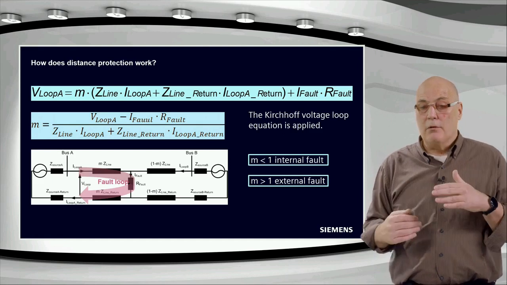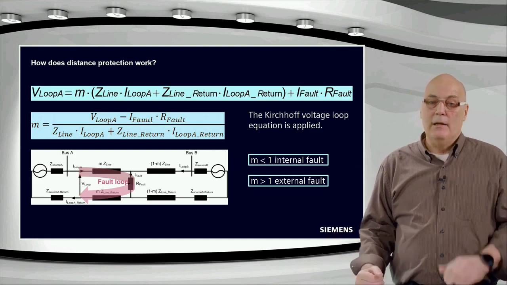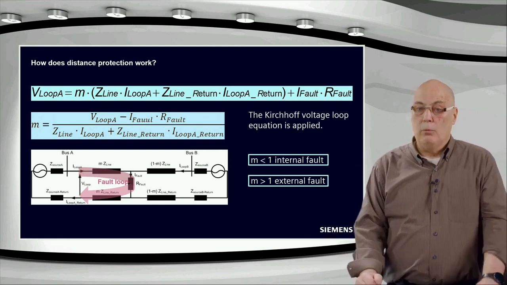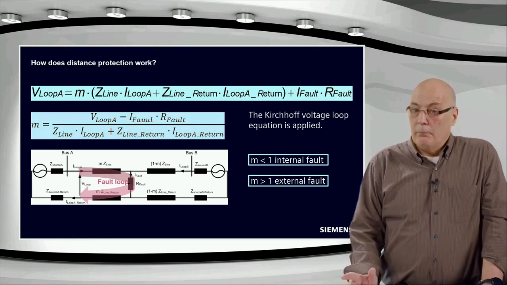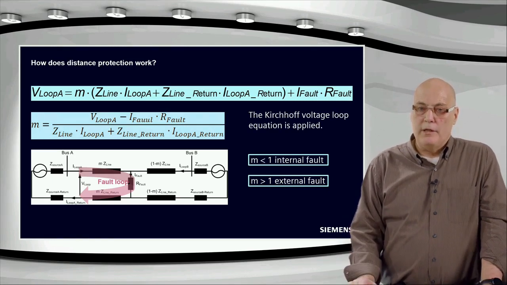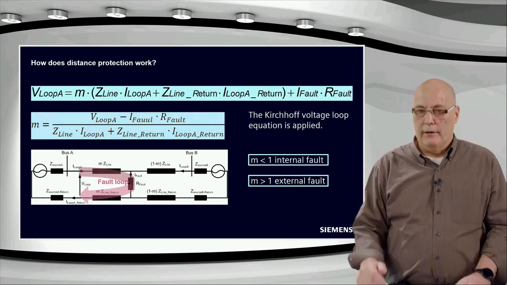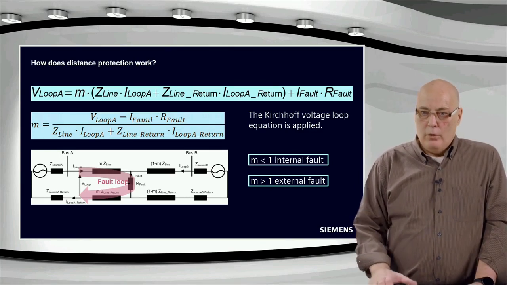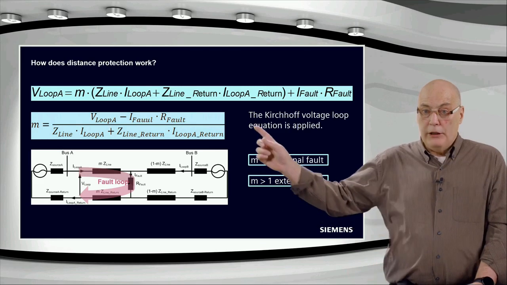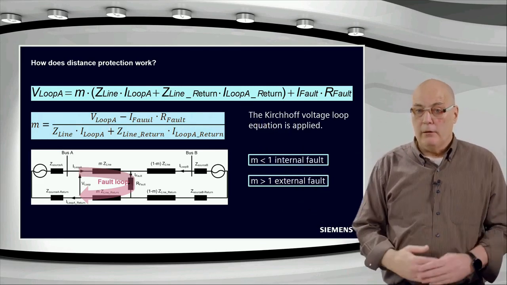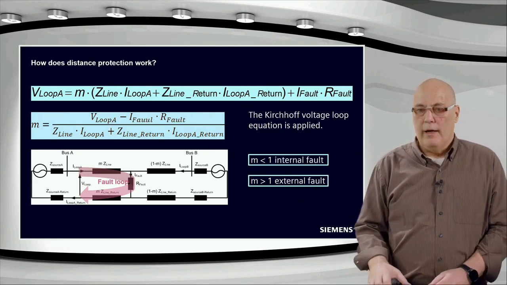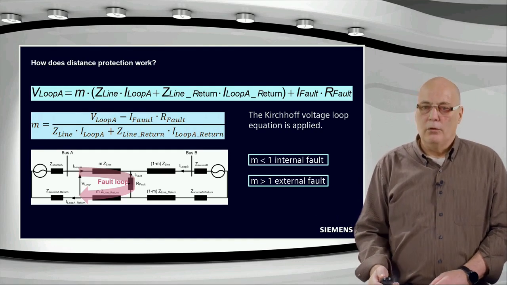For a phase-to-ground fault, it's the line and the ZE. Obviously, the ground fault will have a different measuring technique to cover for the ZE, whereas the phase-to-phase fault is ZL and ZL. All right, we will come back to this equation later on. It's basically the fundamental starting point to define how your distance relay in modern terms is going to work.